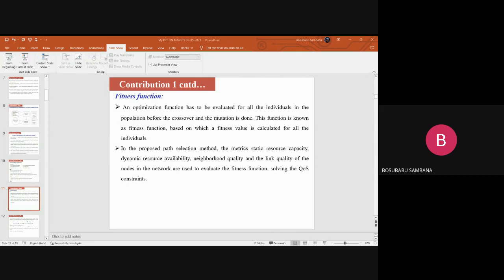These things can be categorized in the metrics of static resource capacity, dynamic resource capacity, neighborhood connectivity capacity, quality of connectivity, and quality of services. In this way, quality of services is required for the link connectivity and link transmission during the transmission rate and node to node connectivity.